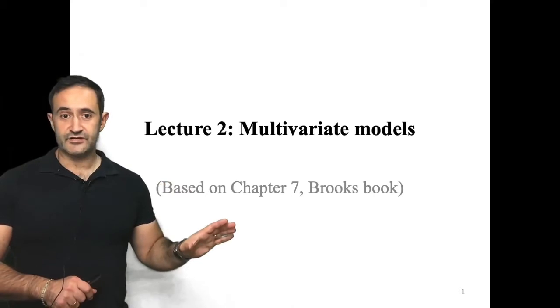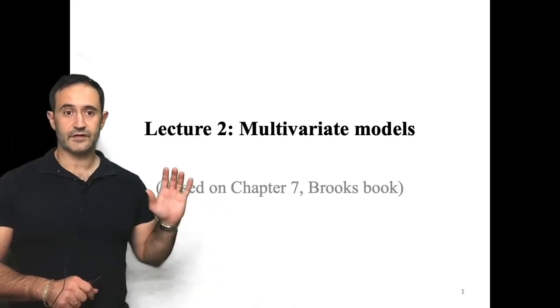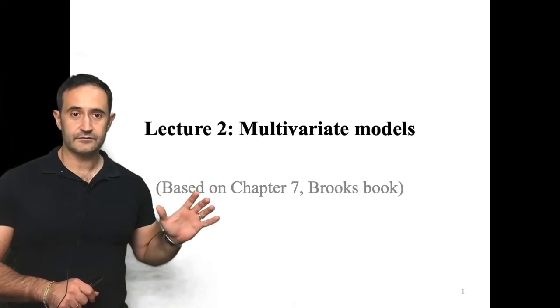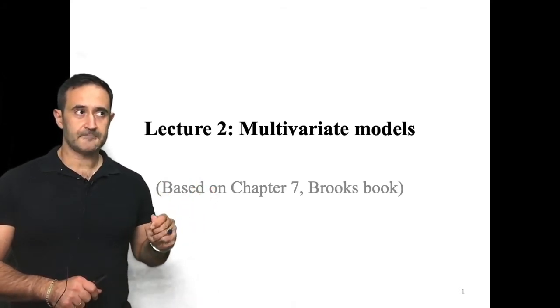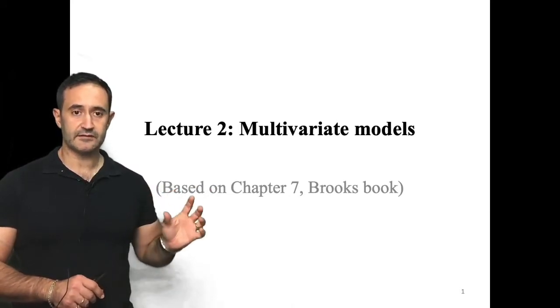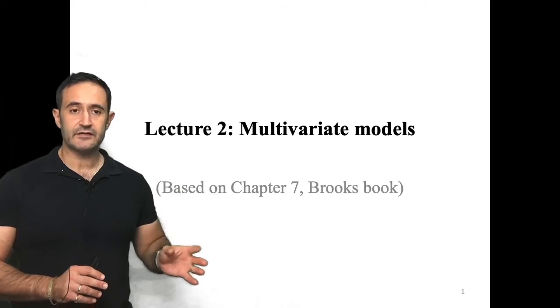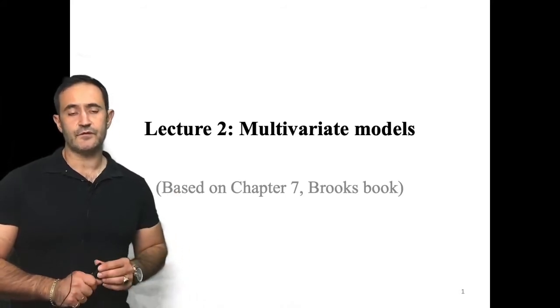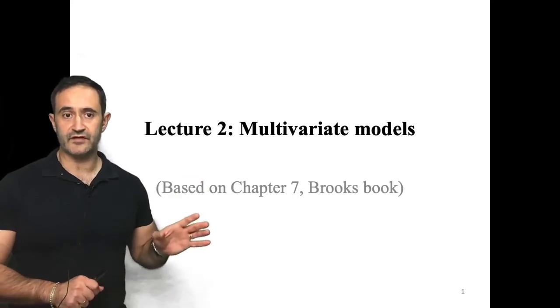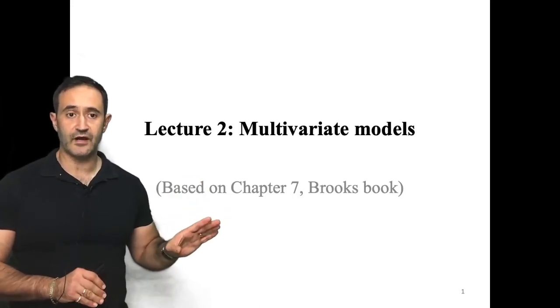I'm going to skip lecture 1 from last year because it is something that we cover because we have to. It gives us some intuition on how things work, but it cannot really be used very much for understanding the relationship between variables. Those were the univariate models that we are going to skip for now.